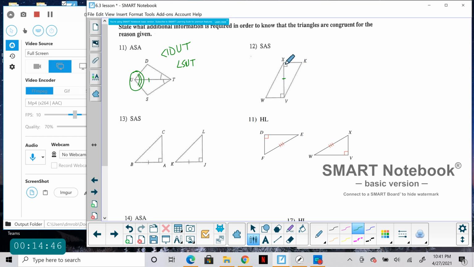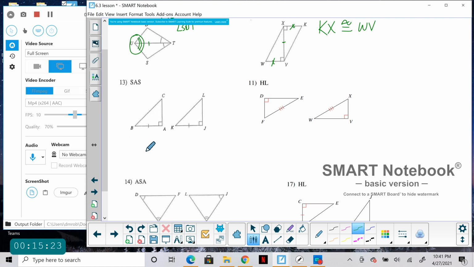But for side, angle, side, we would need this side to be congruent to this side. So we would need KX congruent to WB.